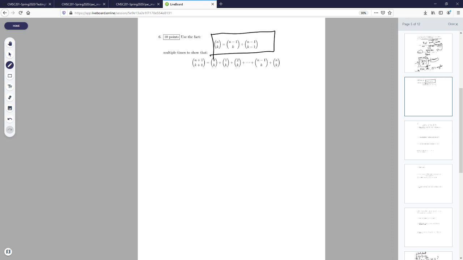This is the answer, right? And I swear to you, when I was writing this problem down, I was like, man, this is not just going to be enough of a hint. This is too much of a hint.